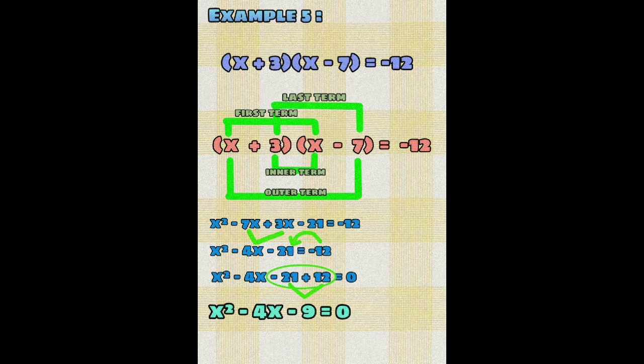Kaya magiging positive na siya at yung papalit mo naman doon ay 0. So magiging x squared minus 4x minus 21 plus 12 is equals to 0 na siya. Pero naging dalawa nga ang constant kaya pagsasamahan natin sila. So negative 21 plus 12 is equals to negative 9. Kaya ang kinalabasan niya na ay x squared minus 4x minus 9 is equals to 0.